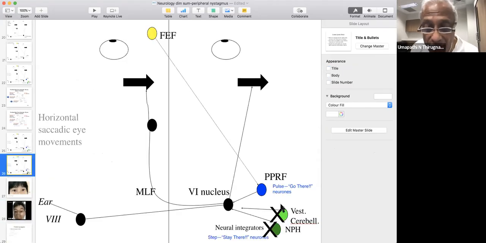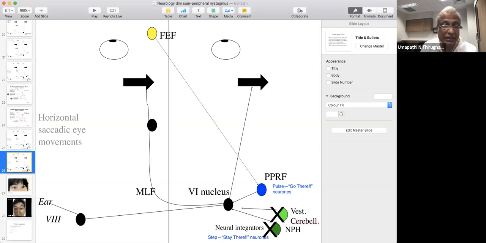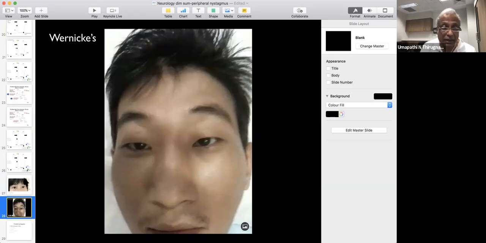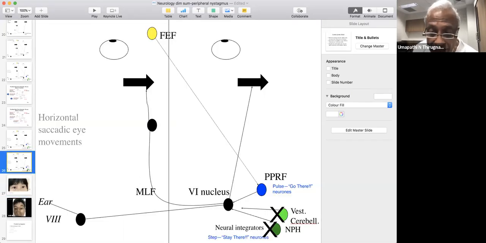And what is the pathophysiology? The gaze-holding neurons are affected. And the gaze-holding neurons are largely distributed in the cerebellum. So you're not surprised that cerebellar disease is very commonly associated with gaze-evoked or gaze-dependent nystagmus. But some individual nuclei distributed in the brainstem are also responsible for gaze-holding function.